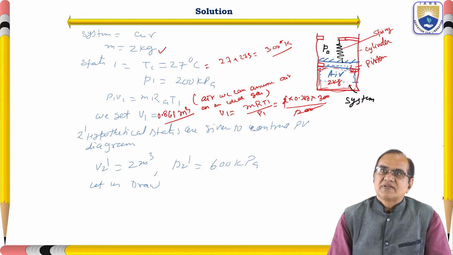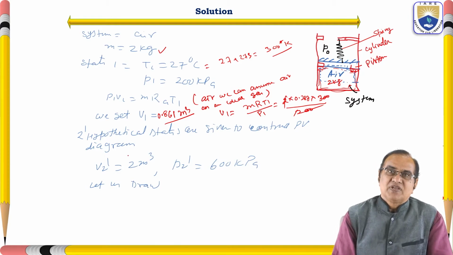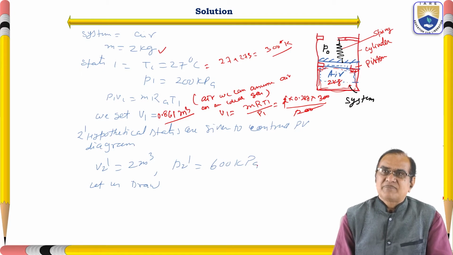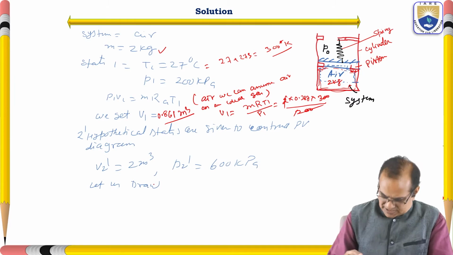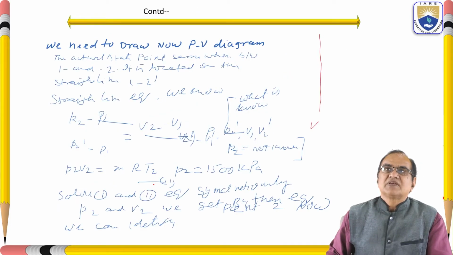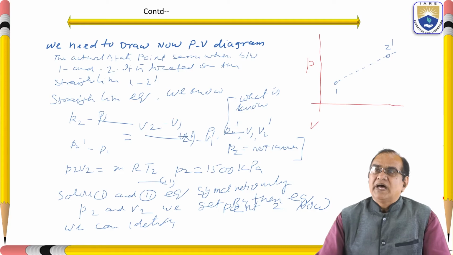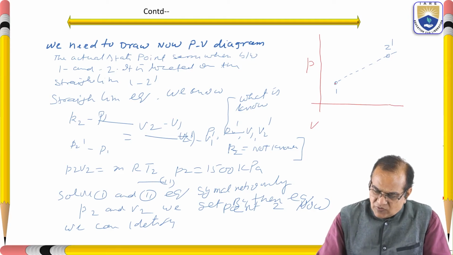Now in problem 2 prime is given, which is the hypothetical state, given to construct the PV diagram. Here V2 prime is given as 2 meter cube, P2 prime is given as 600 kilopascal. So let us draw the PV diagram. This you can see here is state 1, and I am drawing just a dotted line, and this is your 2 prime.